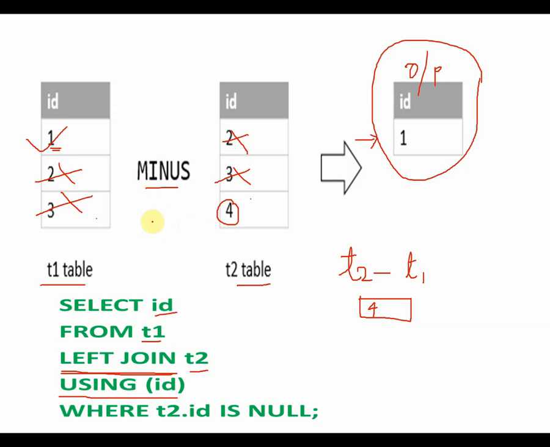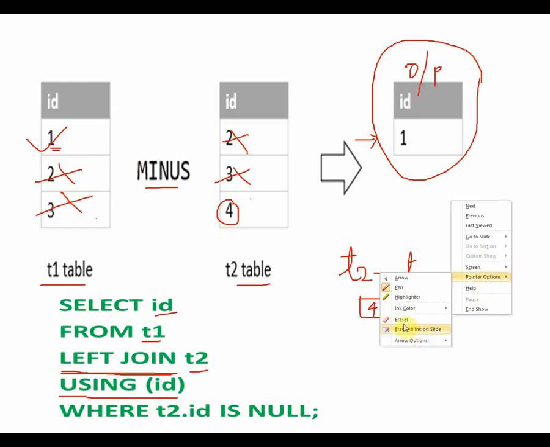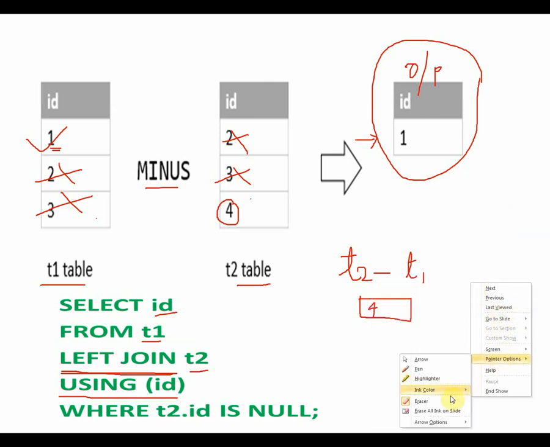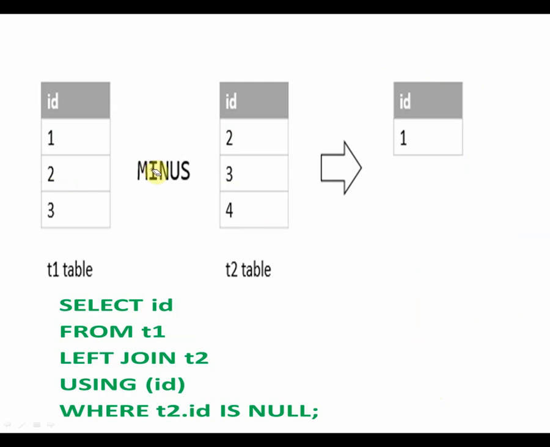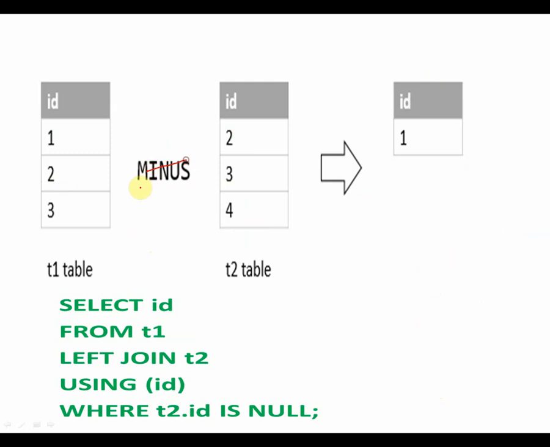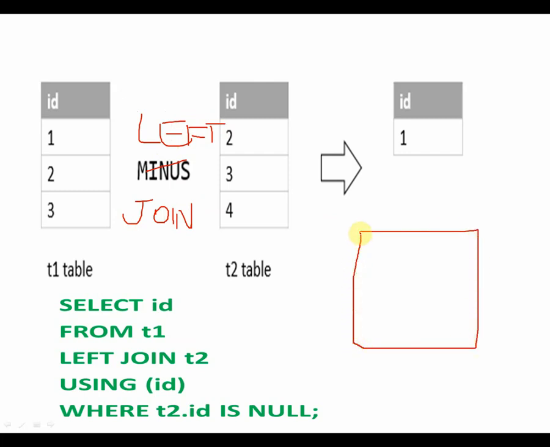Which means in this case, suppose I perform a join on these two tables, I shall clear everything from this slide and show you. Suppose we perform a join over here on both of these tables, and I am performing a left join. Kindly note, it is a left join. What will happen is that you will get a result output like this.